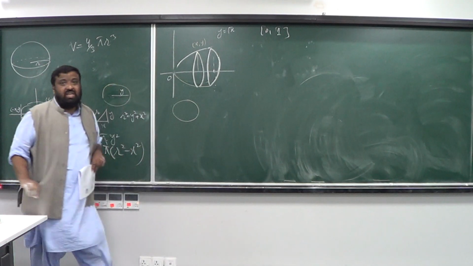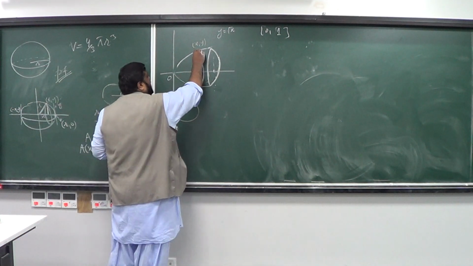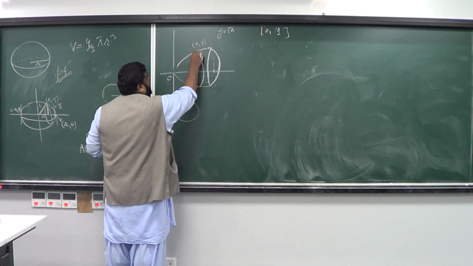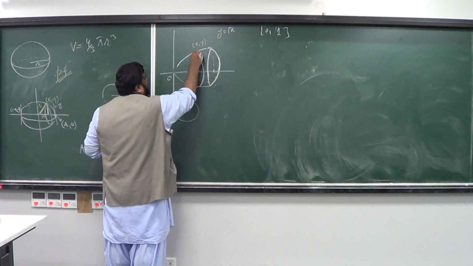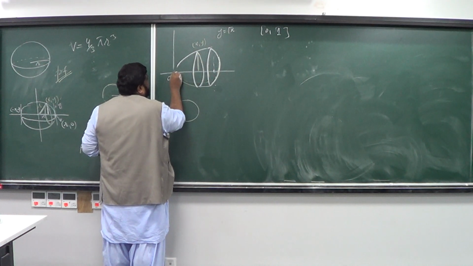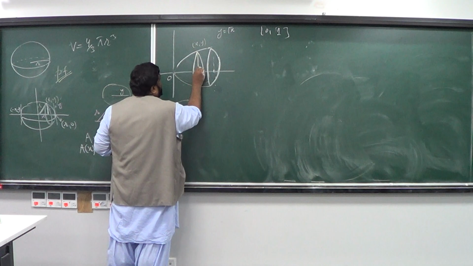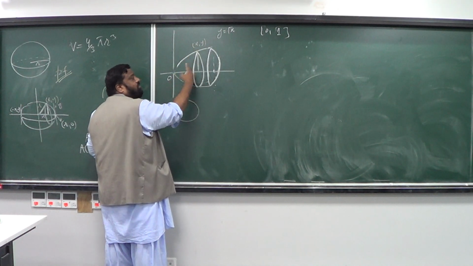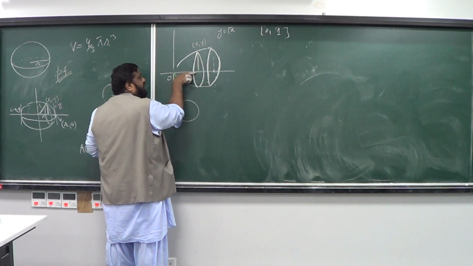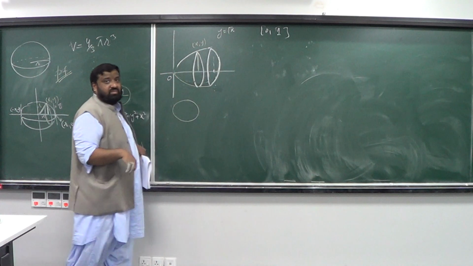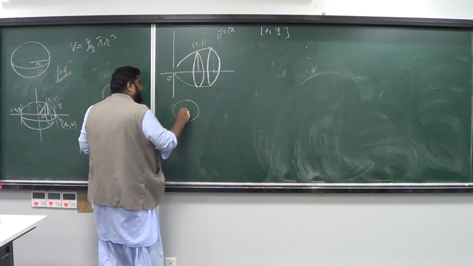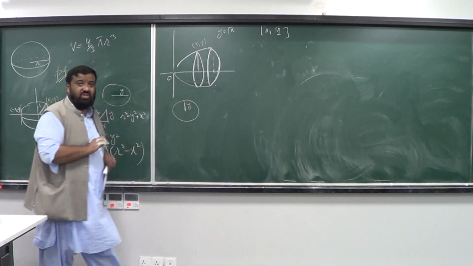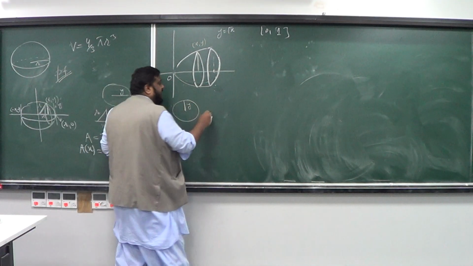If this point has coordinates x, y, that means this distance is x and this height is y. So in other words, the radius of the disc is really y.